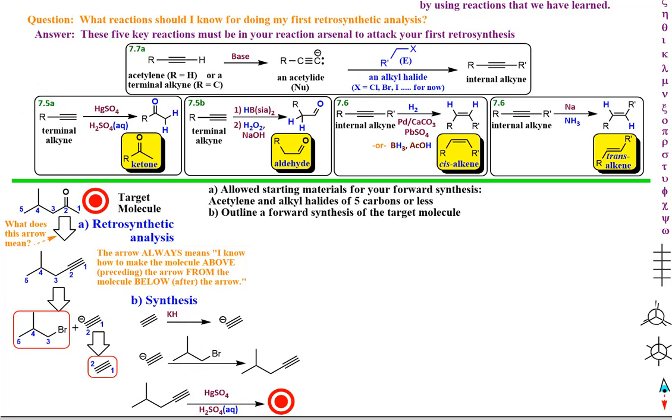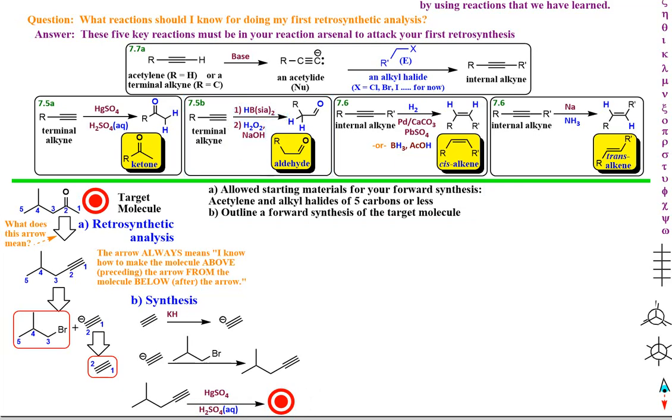If my target had been an aldehyde, with the carbonyl on carbon 1 and carbon 2 being a CH2, the only thing in this synthesis that would change would be the very last step, and we could make the aldehyde using these chemicals here.